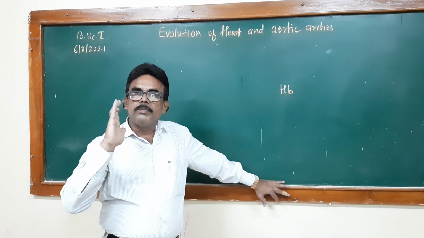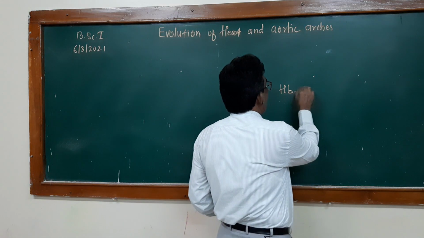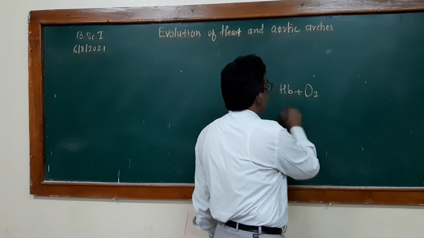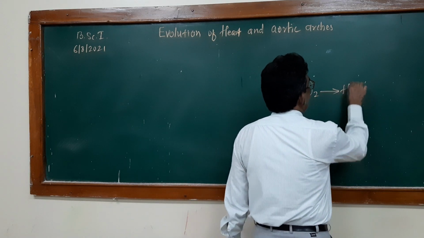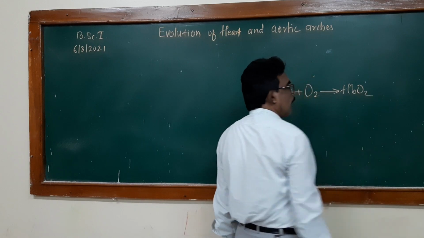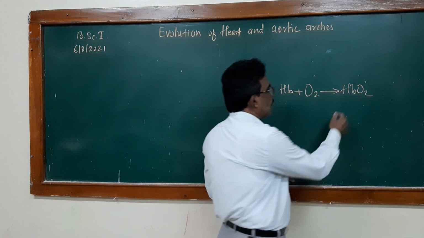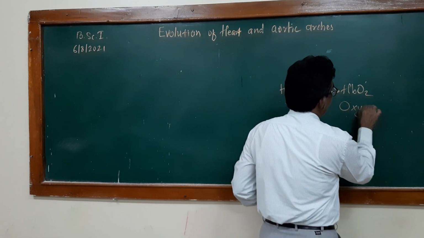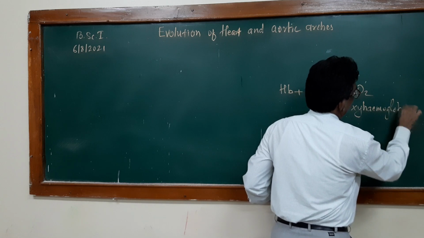The O2 from the inhaled air combines with Hb, forming HbO2, which is called oxyhemoglobin.